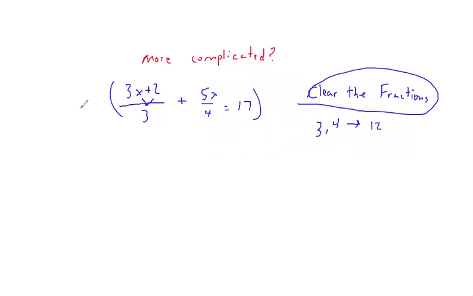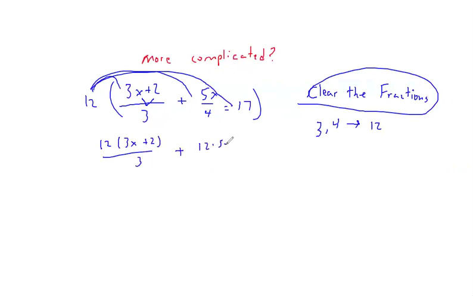So if I take this whole thing and multiply by 12, I've got to go here, here, and here. Then I'll have 12 times the quantity 3x plus 2 over 3, 12 times 5x over 4, and 12 times 17.